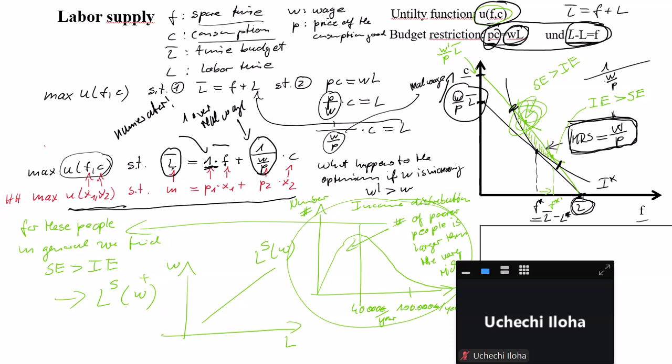And then, since we are in macroeconomics, we have to aggregate it. Well, on average, what will be now true? Is the income effect larger or the substitution effect? And for this, we looked at the general income distribution in a developed economy.